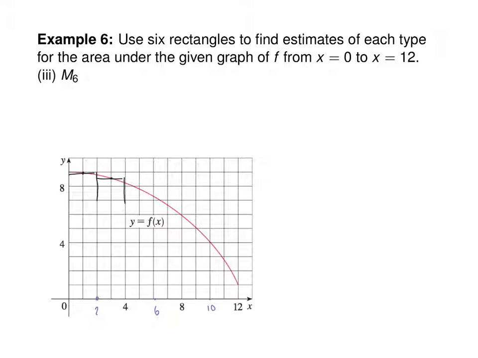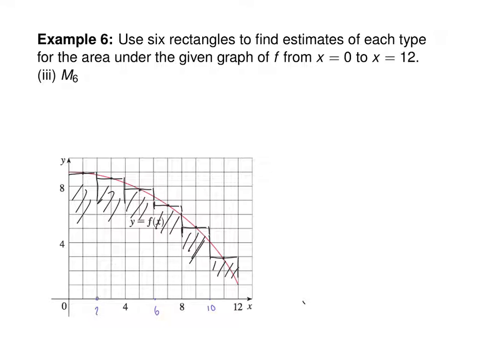Between 4 and 6, you plug in 5. Plug in 7. Plug in 9. And then plug in 11. And at least from the picture, do you agree that this seems to do a better job compared to any of the other methods?